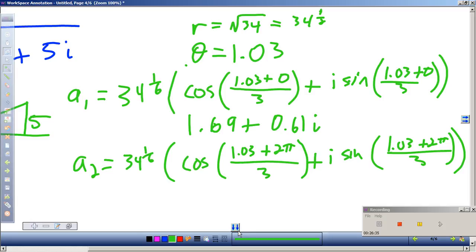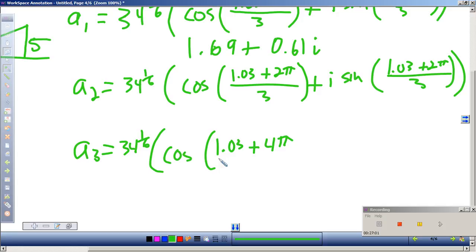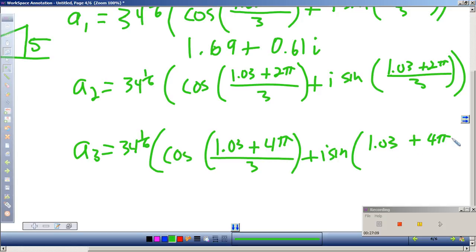And our third one, once we get to it, is going to be a3 equals 34 to the 1/6 cosine of 1.03 plus 4 pi over 3. You see where it came from?